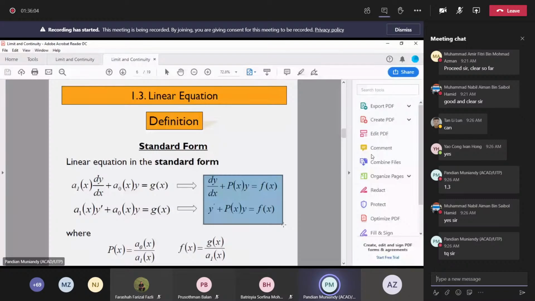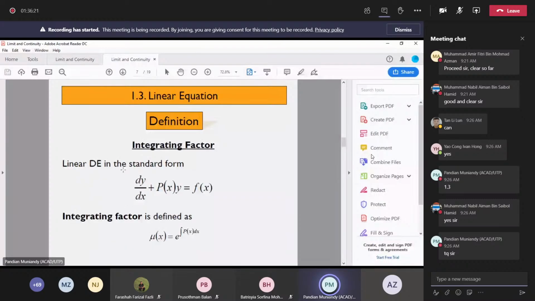You need not repeat all the steps. Straight away, you use the formula and get the answer. I will show you how to go from here. This is very special because this is the standard form. The most important thing is finding the integrating factor.